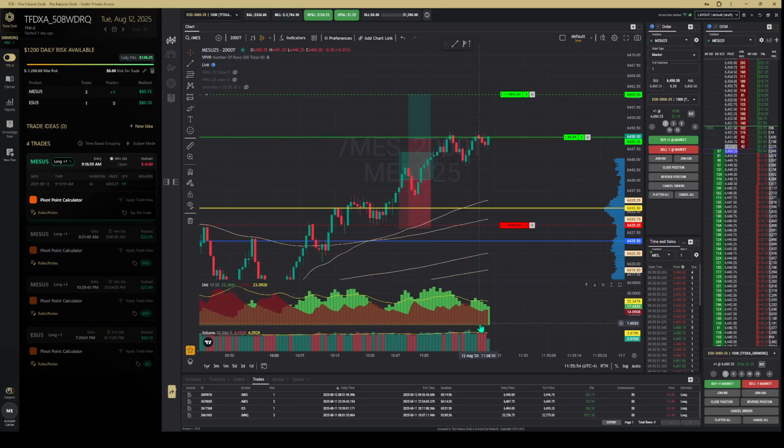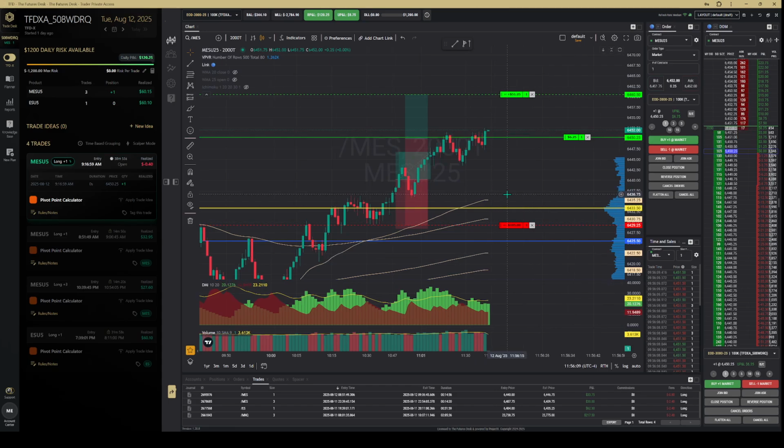It looks like the sellers are starting to gain a little bit of momentum. Buyers are starting to lose a little bit of momentum, and the ADX is flattening out. So it looks like we're getting a little bump right now.